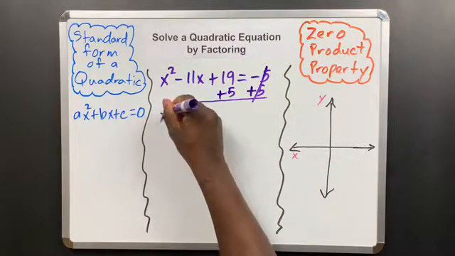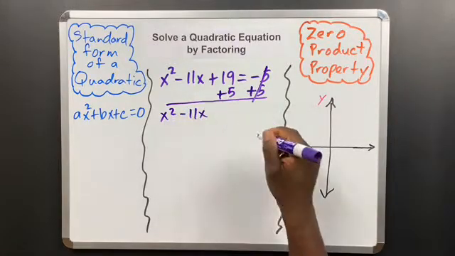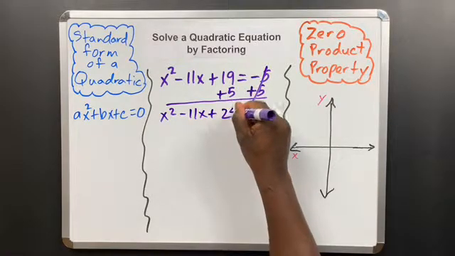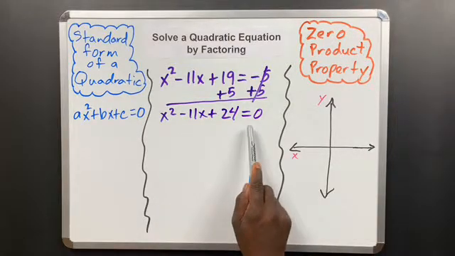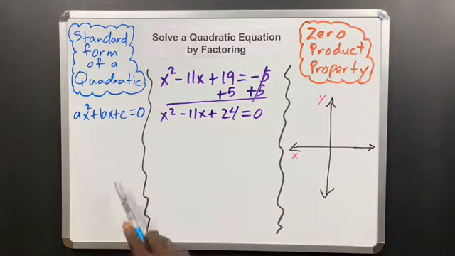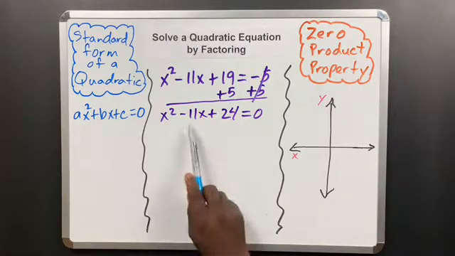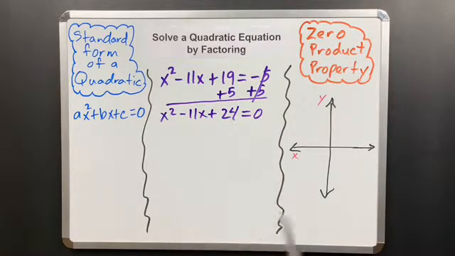We get x squared minus 11 times x plus 19 plus 5 is 24 equals 0. Now notice this quadratic equation is in standard form. The coefficient of x squared is 1, even though you don't see it there. The coefficient of x is negative 11, and then we have a constant c, which is equal to 24.